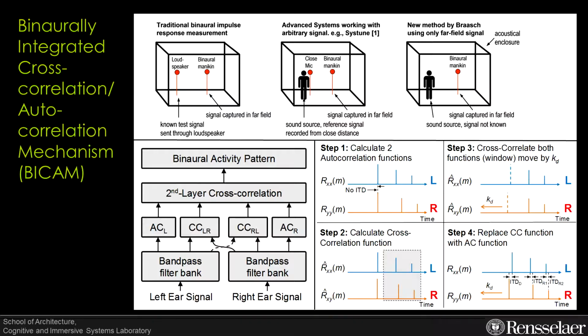So the thing we really try to look into today is how a model differentiates between specular reflections and diffuse reflections. So we used the binaurally integrated cross-correlation autocorrelation mechanism, short BICAM, to analyze the acoustic environments that we discussed.